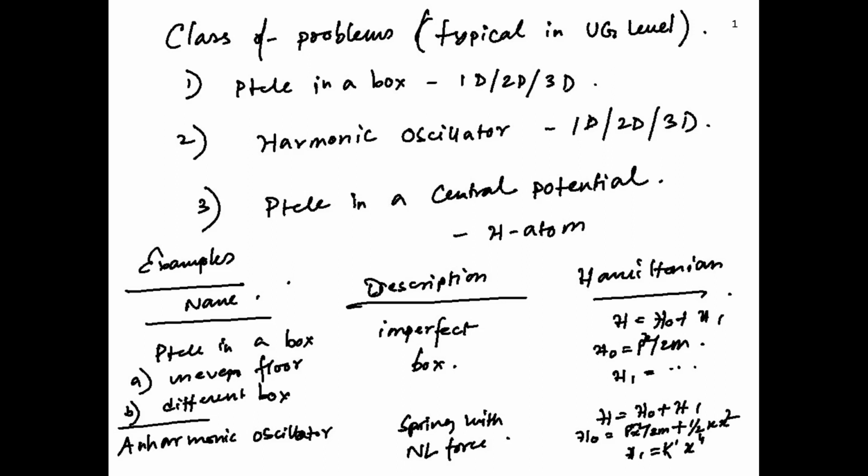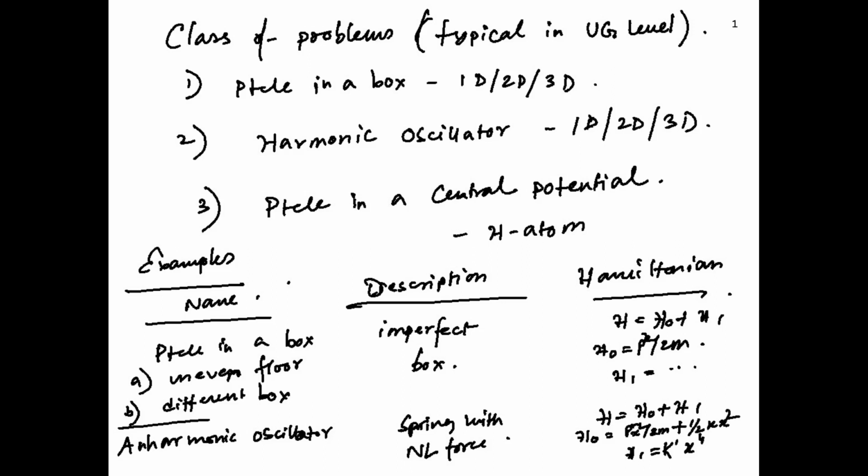Or inside the box you have some distorted boundary conditions, like the floor of the box is lifted on one side, or the boundary is not just a vertical wall, it could be a slanted wall.